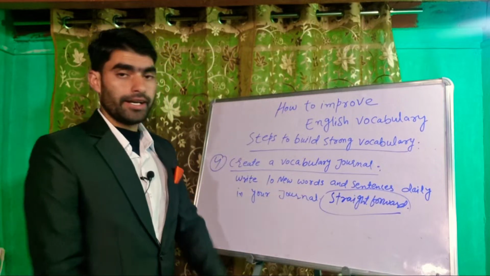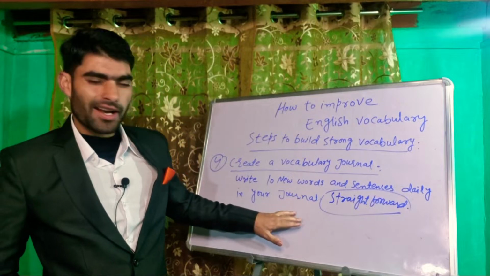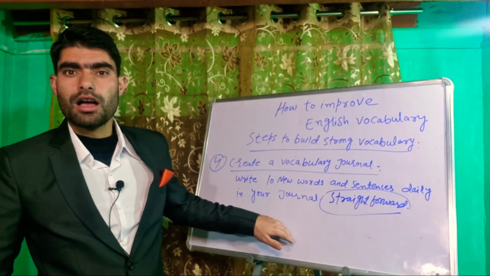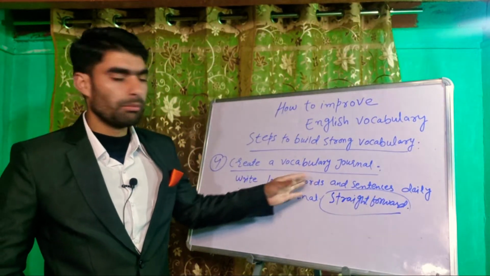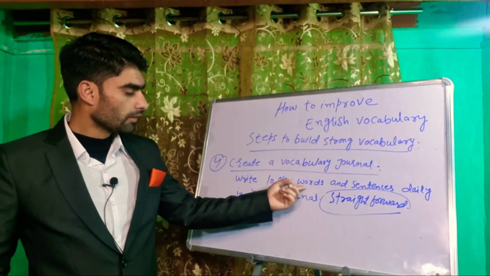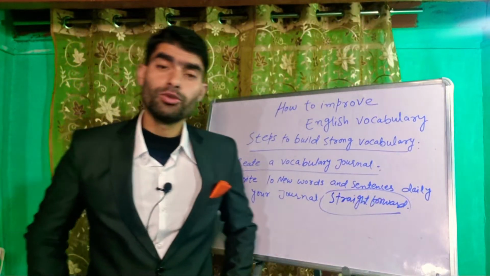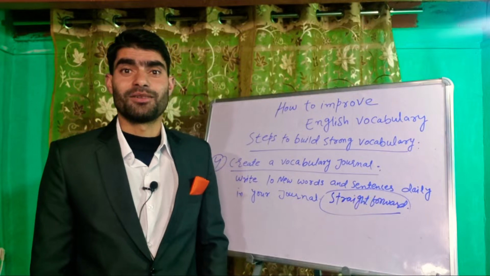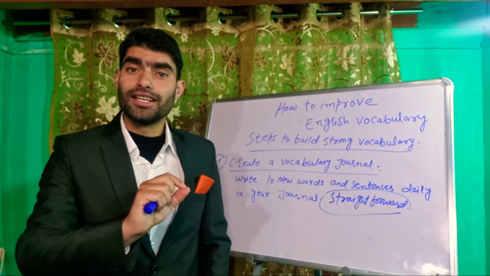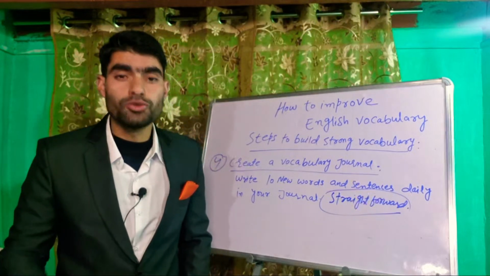You may be thinking, sir, if I write 10 new words and sentences in my journal daily or weekly, but I don't know the meanings of these words and sentences. My goodness, today you have everything in your hand right now. This is called internet facility, mobile facility, the handset you have right now.